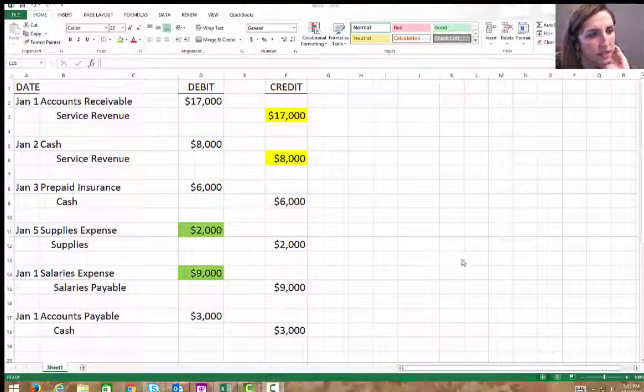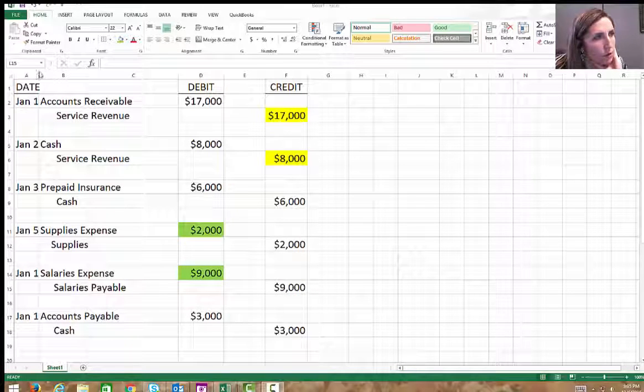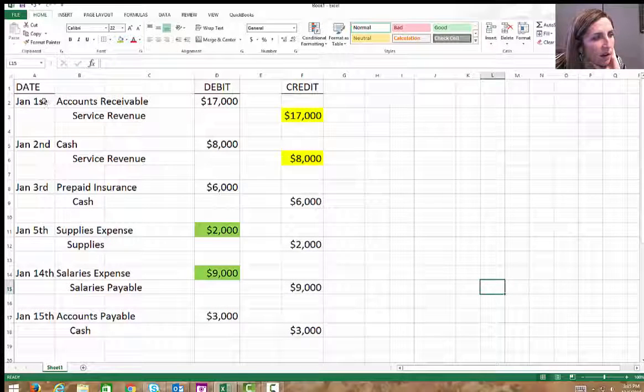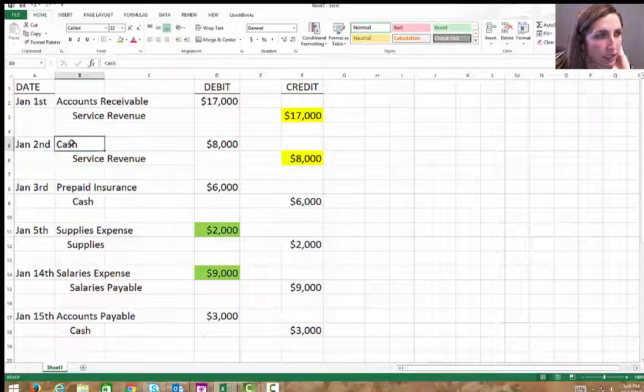Okay, for this next part of the video, I'm going to start by showing you a few transactions that I just recorded for the first part of January. It says that the company provided services on account in the first transaction. Second transaction, they provided services and received cash.